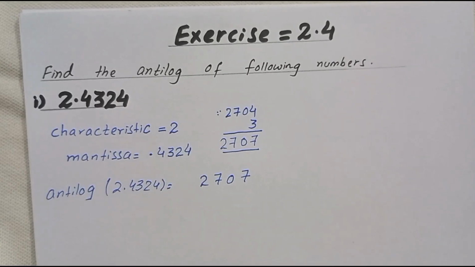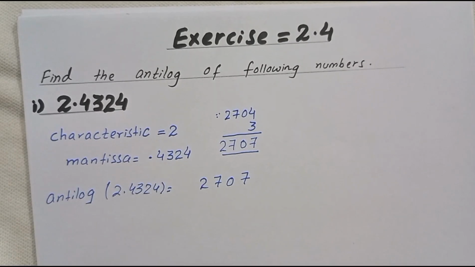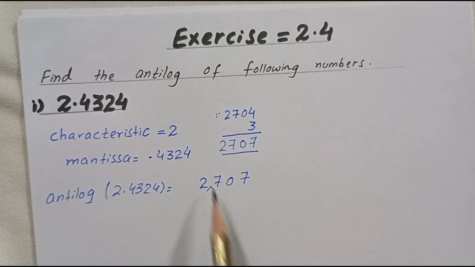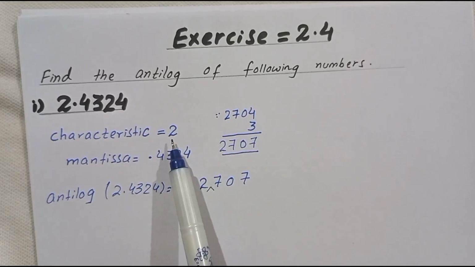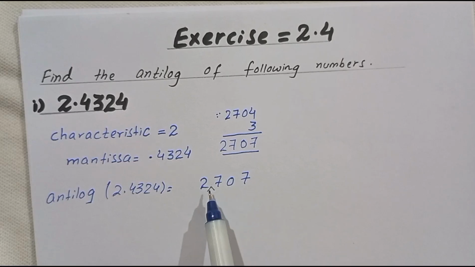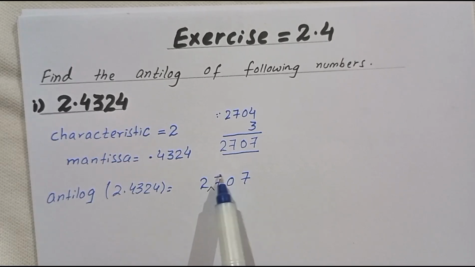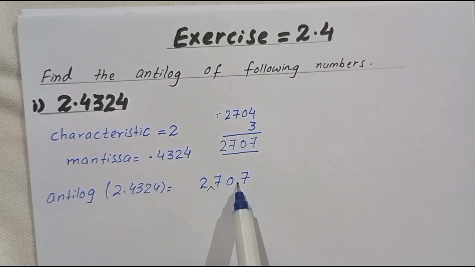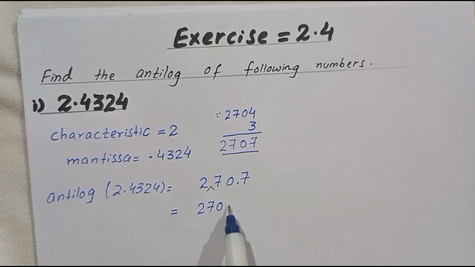First locate the reference position, which is after the first non-zero number, that is 2. So the reference position is after 2. Counting 2 digits to the right side, we count 7 as 1 and 0 as 2, and then place the decimal after 0.